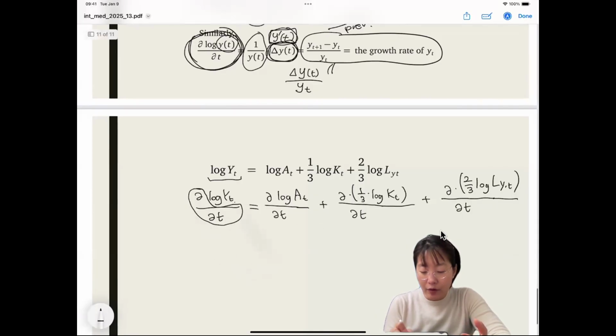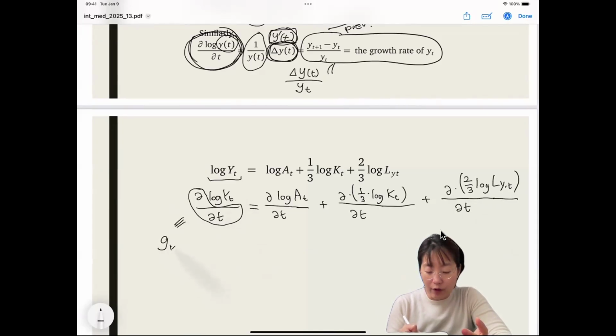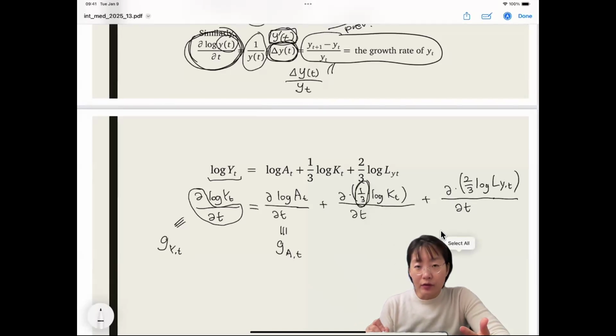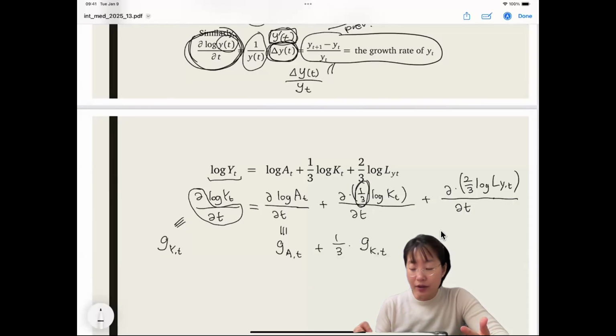So instead of this complicated symbol, I will just put it as growth rate of y at time t. Then this is growth rate of ideas at time t. And this means put the constant 1/3 out of this operator. Then we have 1/3 times growth rate of capital at time t.